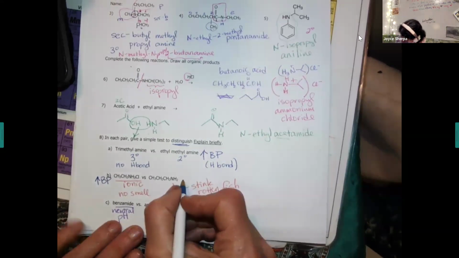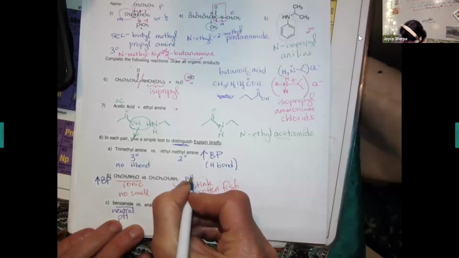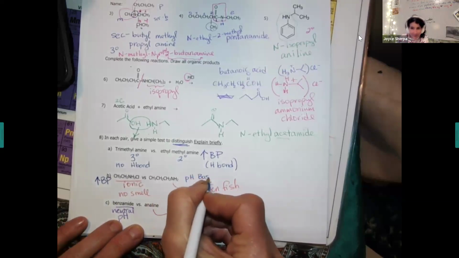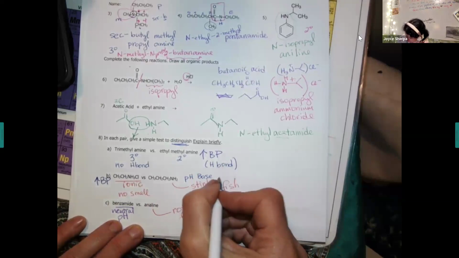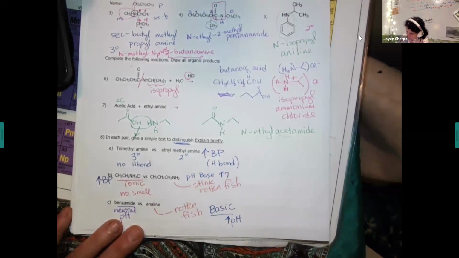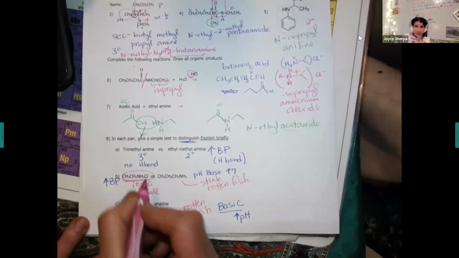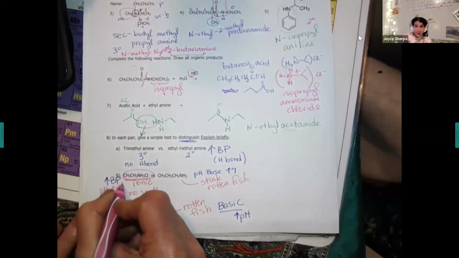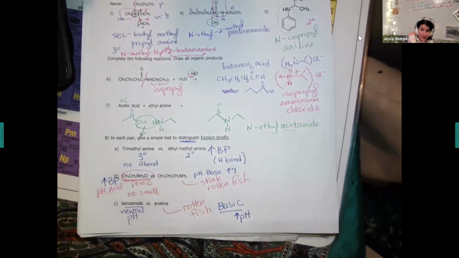So again, up here, the amine is a base. That means it's above 7, or it would turn litmus blue. And as soon as you make it into the ammonium chloride, you change it into an acid. So the pH would be that of an acid, the ammonium.